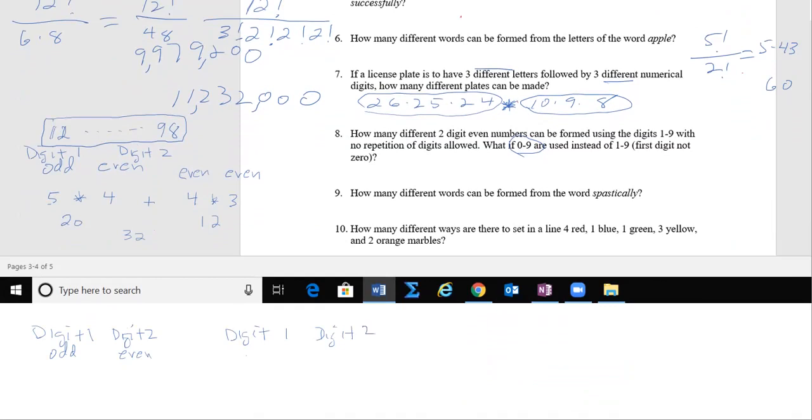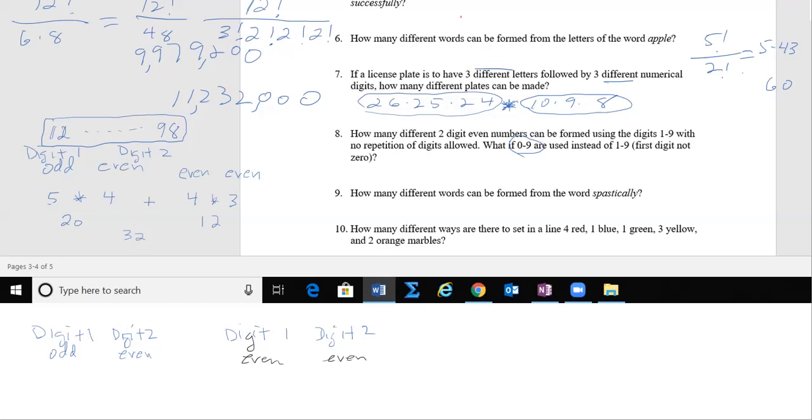Sorry, I need my eraser here. Okay, there you go. So this is digit 1, and I start with an even and end with an even.